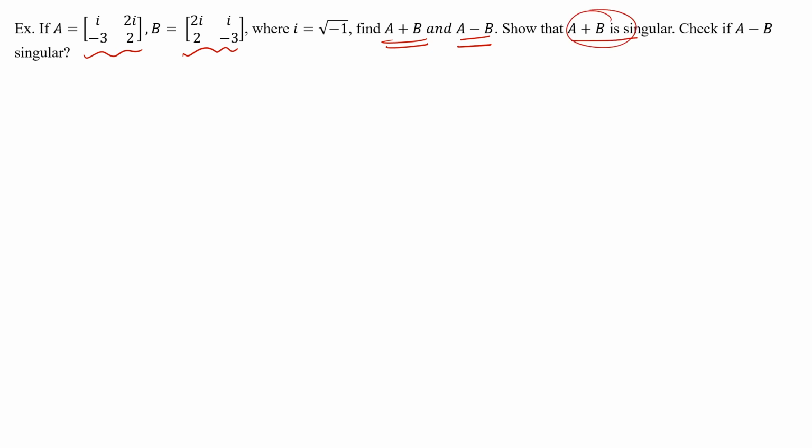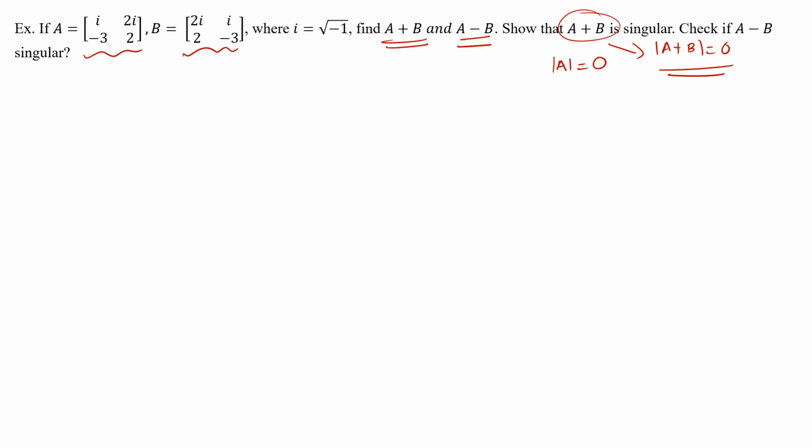Now what does it mean by singular? We know a matrix is said to be singular if determinant value is equals to 0. तो A plus B singular करना है, मतलब क्या करना है, determinant of A plus B equals to 0 है, ये दिखाना है.